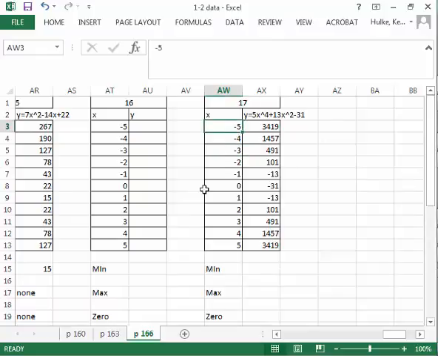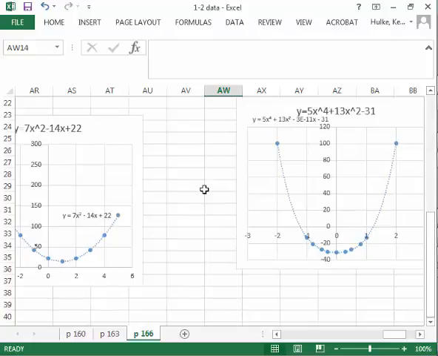I'm going to make it negative 0.8, negative 0.5, negative 0.3, and then I'm going to go the other way, positive 0.3, 0.5, 0.8. Let's see what happens now with our graph.